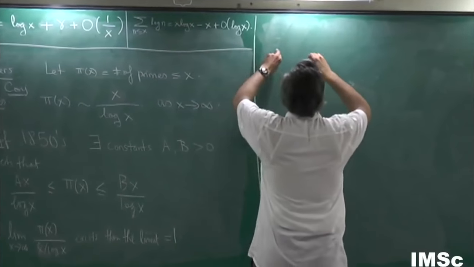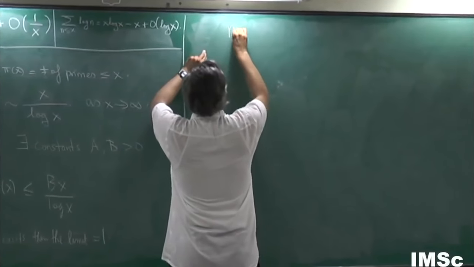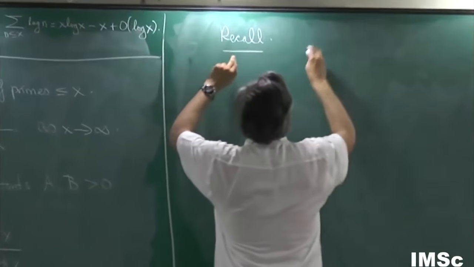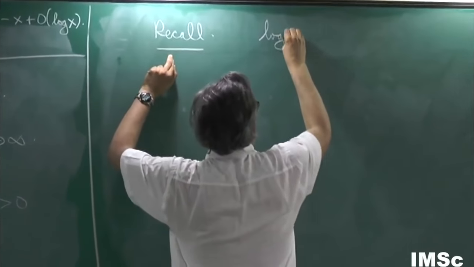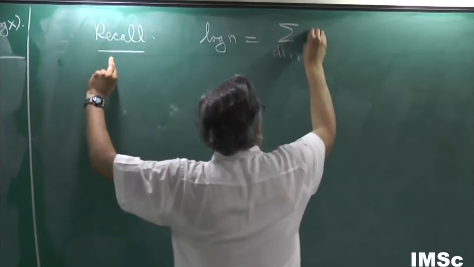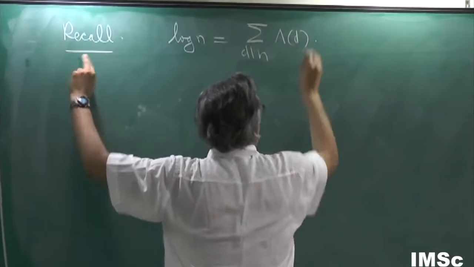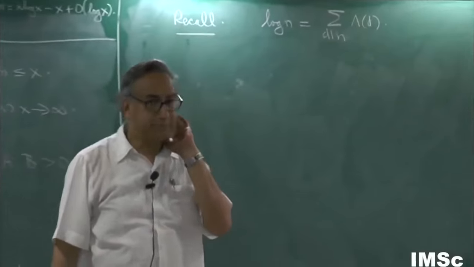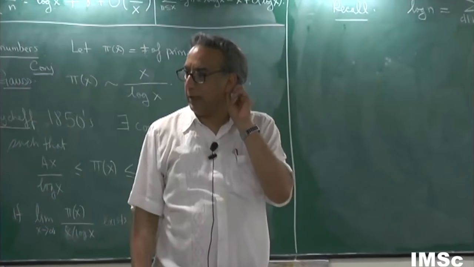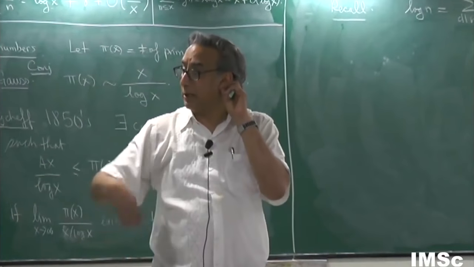So let's go back and recall the von Mangoldt function. Remember Lambda of d again? Lambda of d spits out log p whenever d is a prime power and 0 otherwise, right?